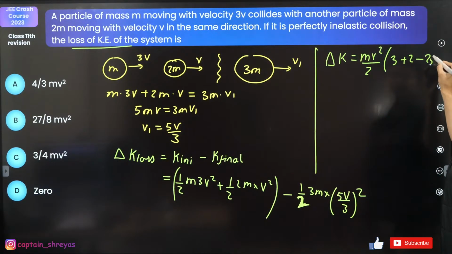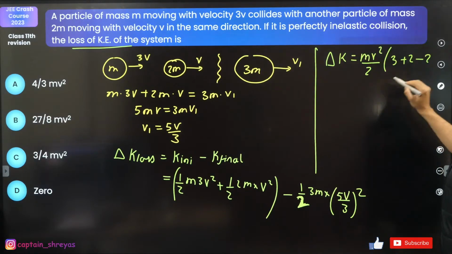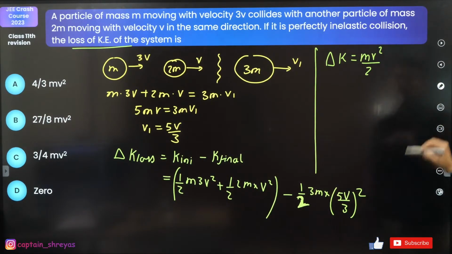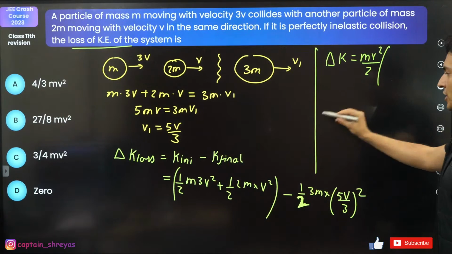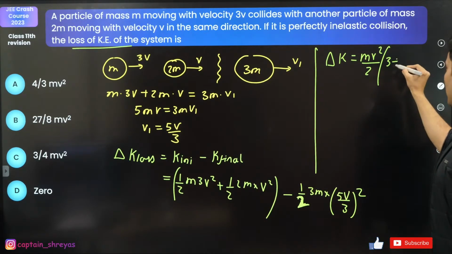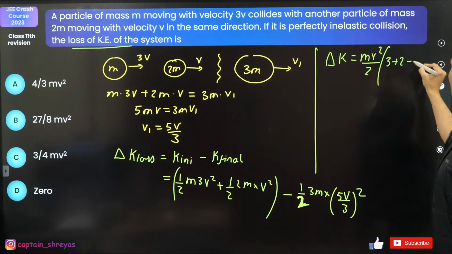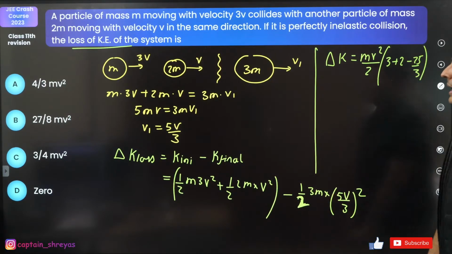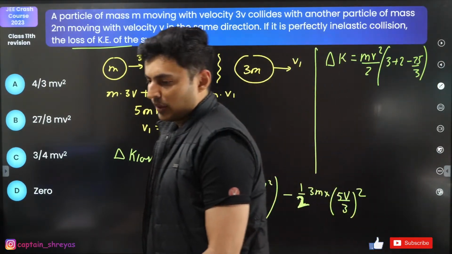So this will become just 3 plus 2 minus 25 by 3. Something like that. And just check what is the final answer you get.